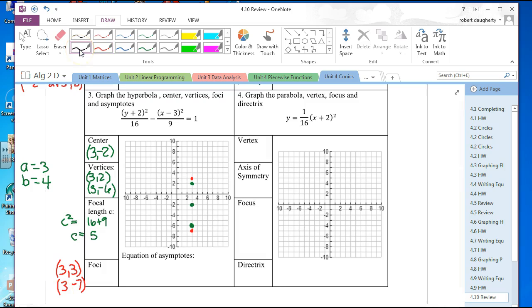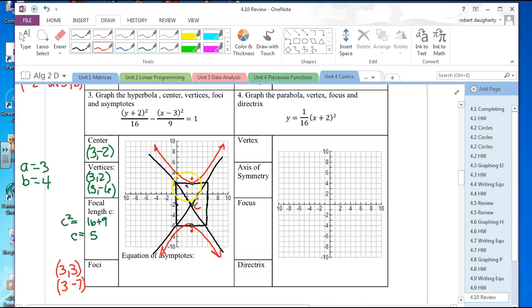So remember, a is equal to 3. So 1, 2, 3 right here. So I can draw a box. The asymptotes are this way. This is a vertical hyperbola, so it goes this way.